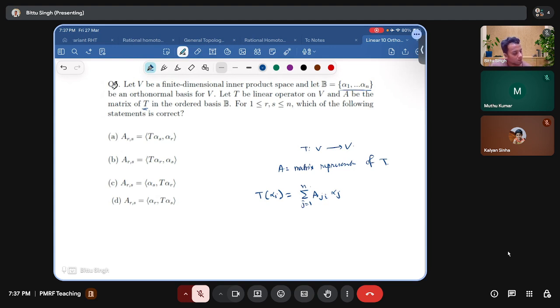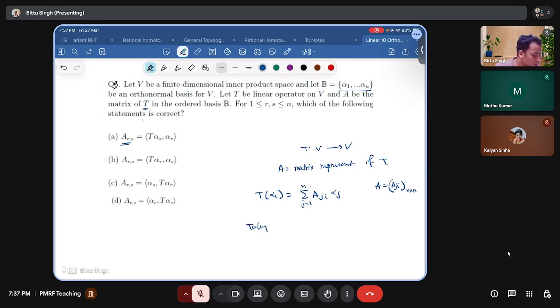Of course, a_ji are the components of the n by n matrix. So in our case, we need to find those coefficients, a_rs.